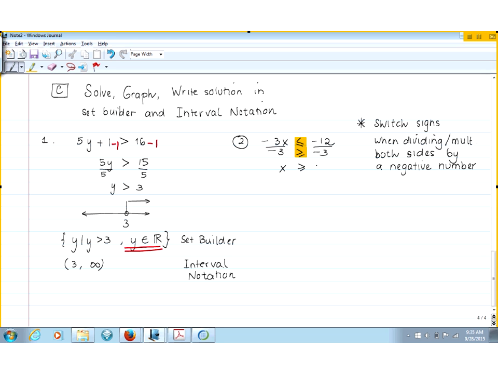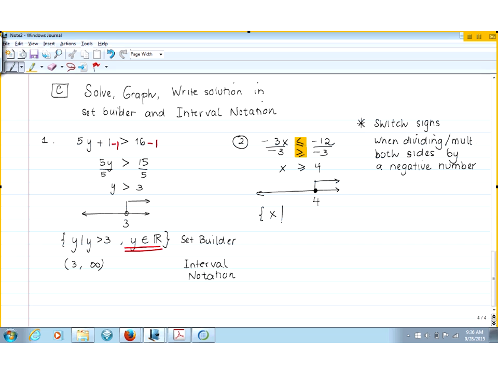Okay, so x is greater than or equal to 4. Now we're going to graph 4. Open or close? Close. And the arrow points to the right.